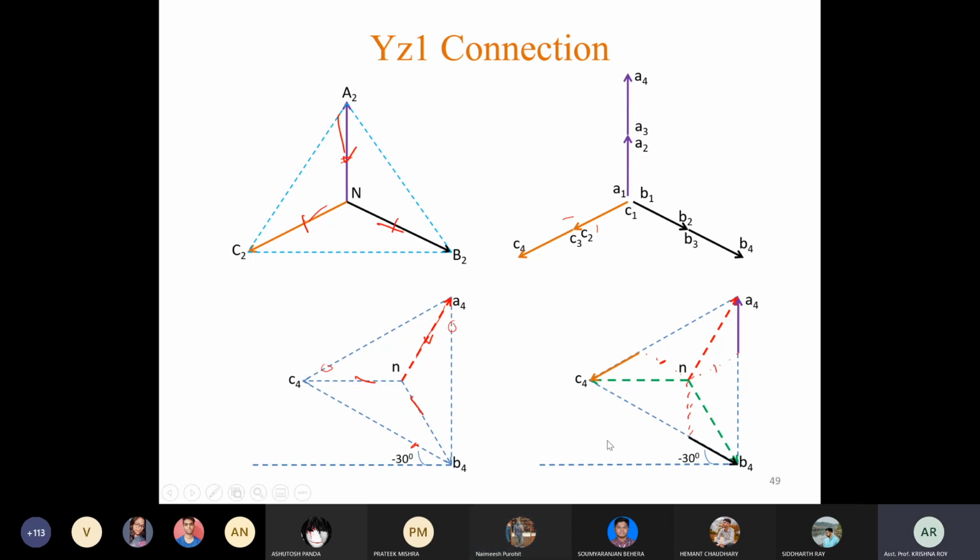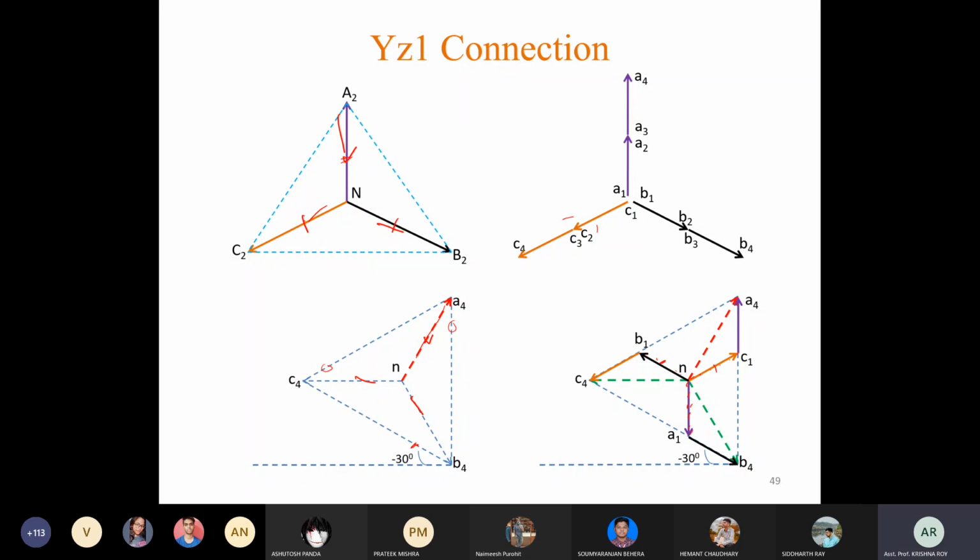Yes, we need to short all the two terminals. So here A2 A1, B2 B1, C2 C1. So this will give you the desired resultant, which will lag the high voltage side EMFs by an angle of 30 degree. So we will have 30 degree phase displacement between line EMF of high voltage side and line EMFs of low voltage side.